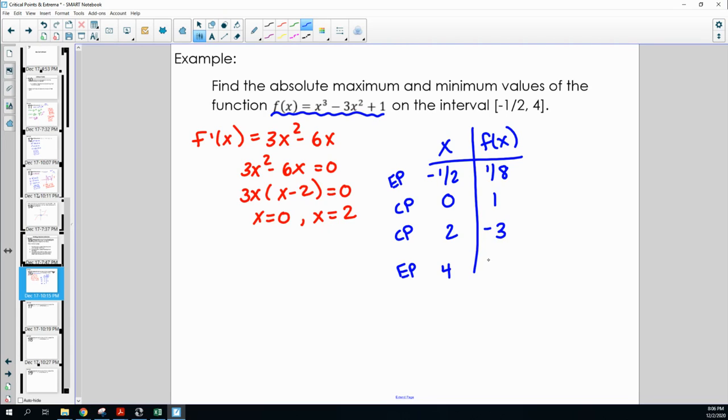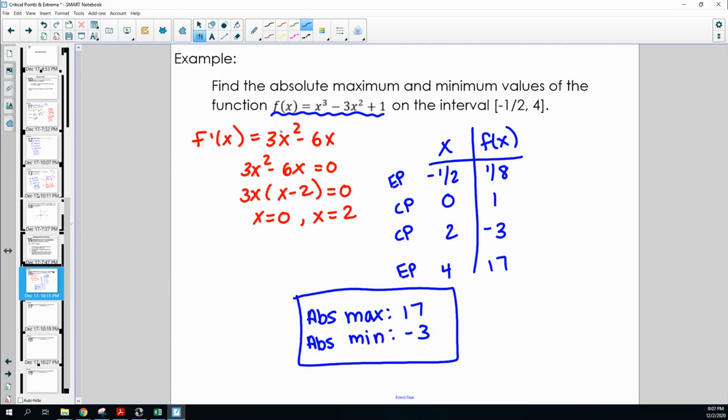And if I plug in 4, I get 17. Looking at my f of x values, the largest one will be my absolute maximum, and the smallest one will be my absolute minimum. So the absolute maximum is 17, and my absolute minimum is my lowest value, which is -3.